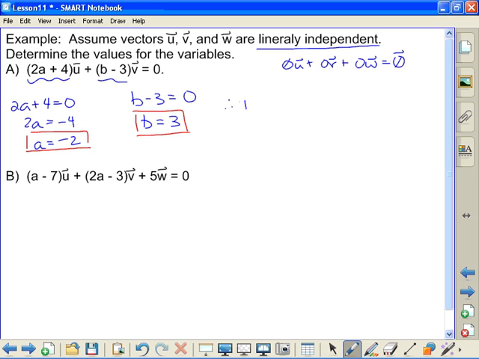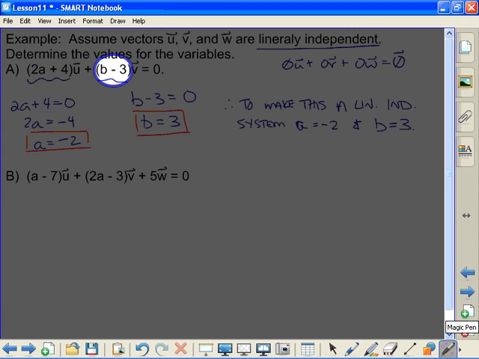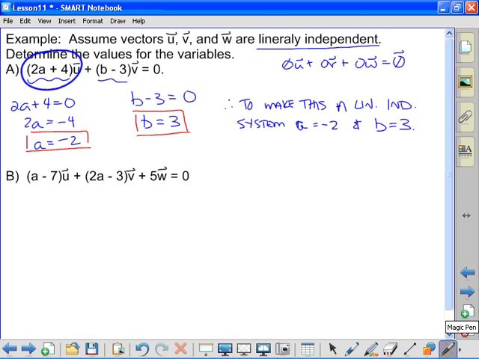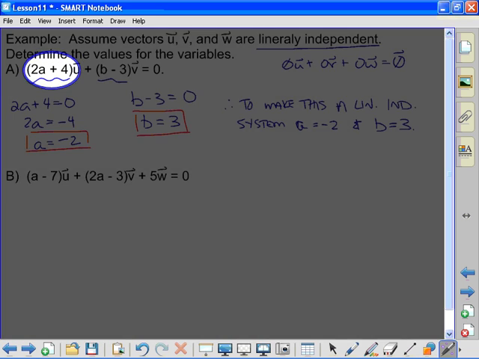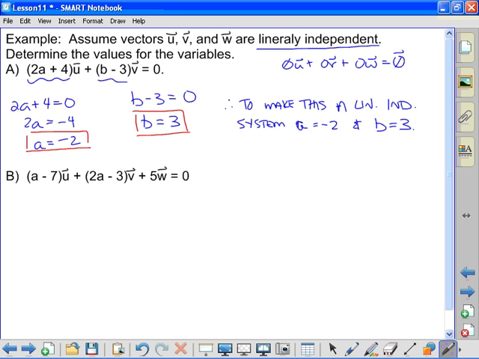So therefore, to make this a linearly independent system, a is equal to -2 and b equals 3. And that would make that expression 0 to make it a linearly independent system.